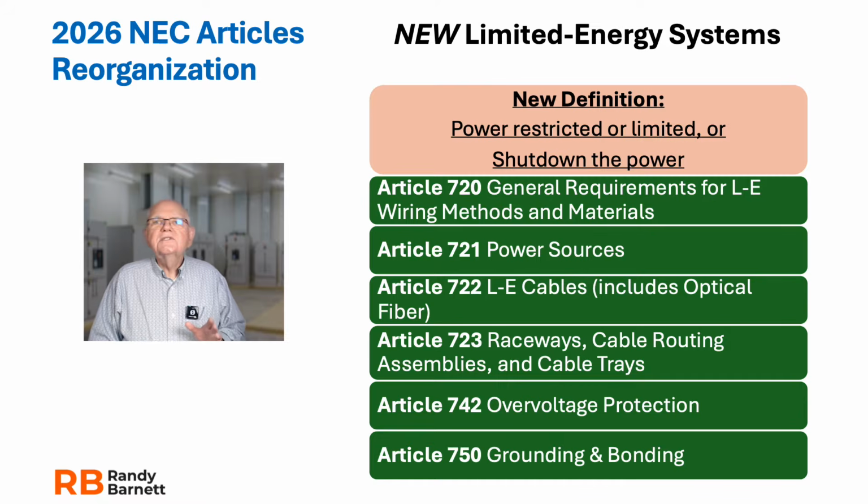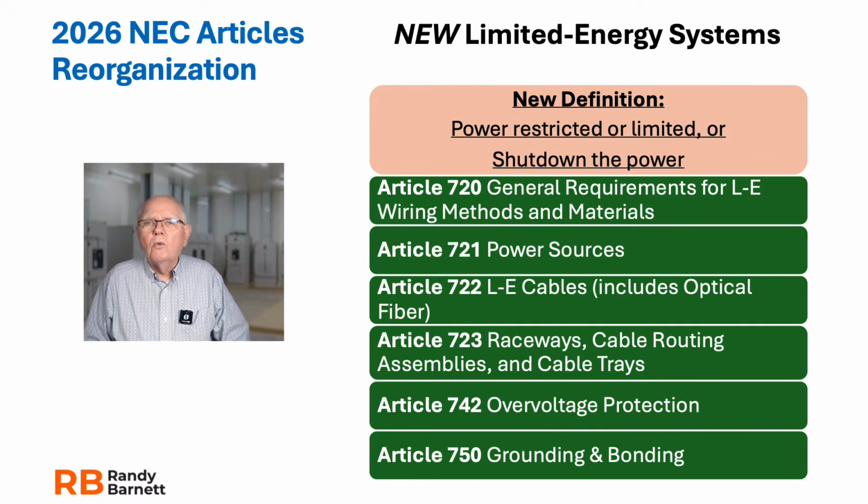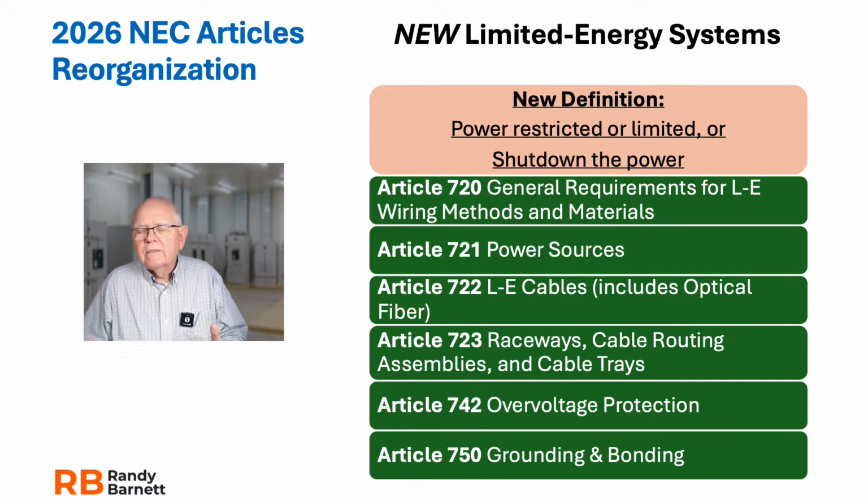Now, as far as these limited energy systems, there's a new definition in Article 100 for limited energy. It talks about power being restricted or limited, or shutting off the power if need be. So what is it talking about? By restricting or limiting the power in a circuit, think of it as not as dangerous, right?